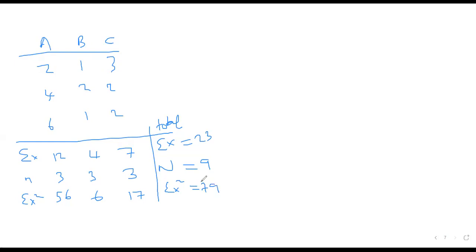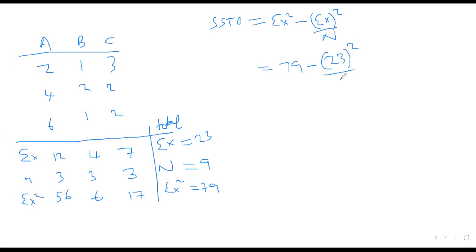You have done half of the work already, so you need to find only 2 things. Sum of squares total: the formula is simply summation of x squared minus summation of x to the power 2 over n. So here we have 79 minus 23 squared over our n, which is 9.